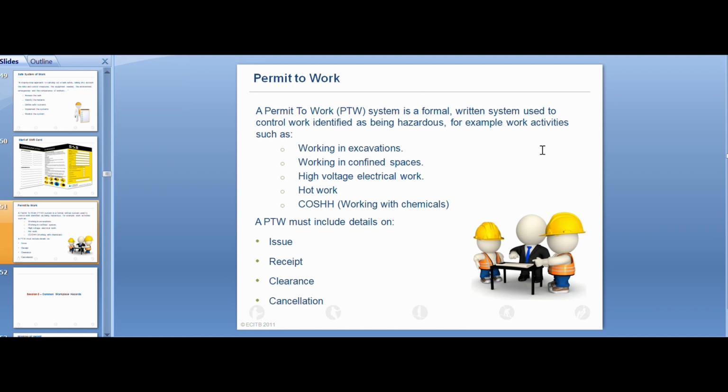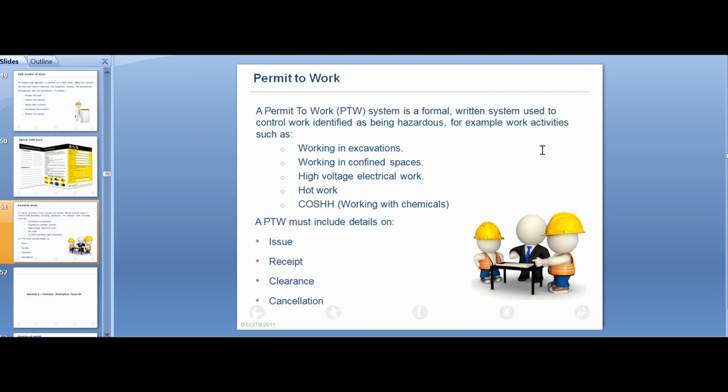And then COSHH, working with chemicals. A permit to work must include details on issued by, received by, and clearance, like what the hazards are, what PPE is required, and whether any other measures we have to keep there.